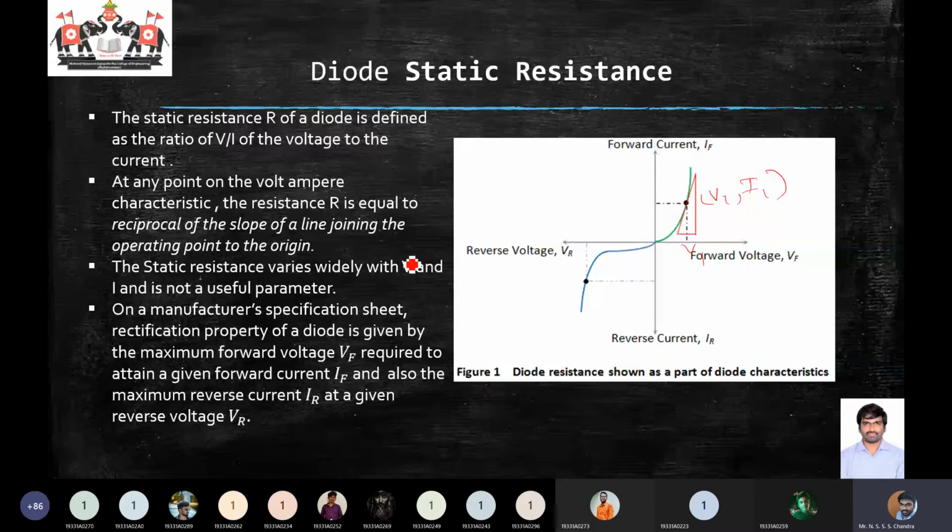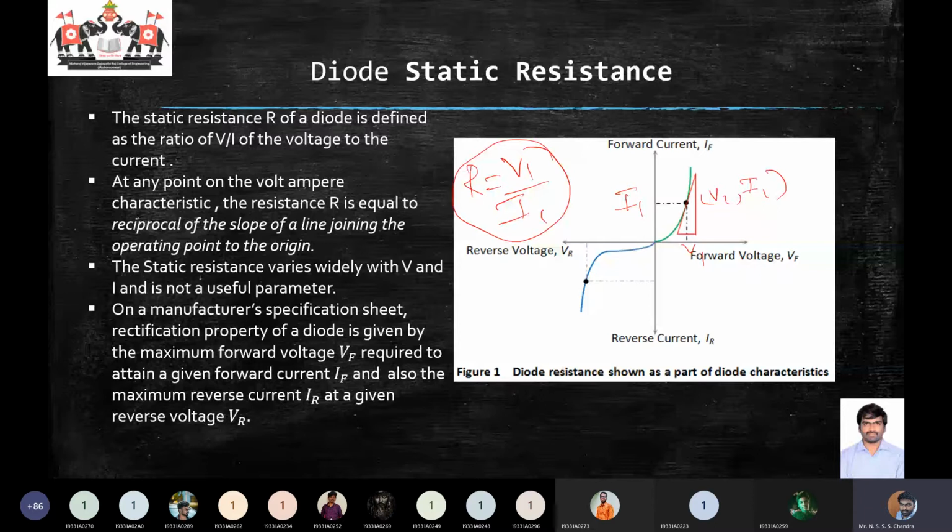So on the x-axis you have a voltage V1, on the y-axis I have a current I1. In that case, I can write my static resistance capital R is equal to V1 by I1 at this given operating point. So static resistance R of a diode is nothing but the ratio V by I, of the voltage to the current.